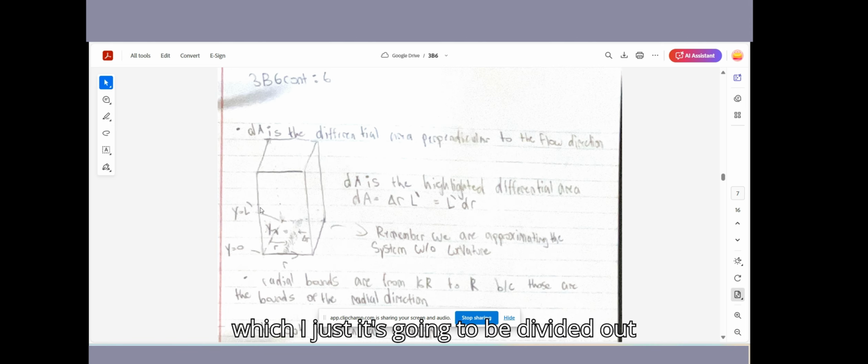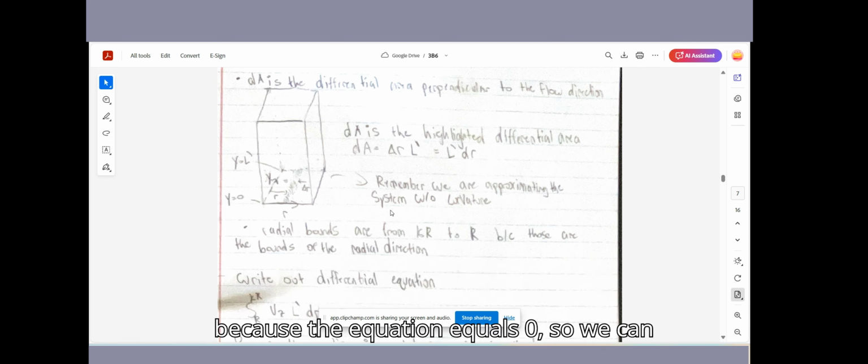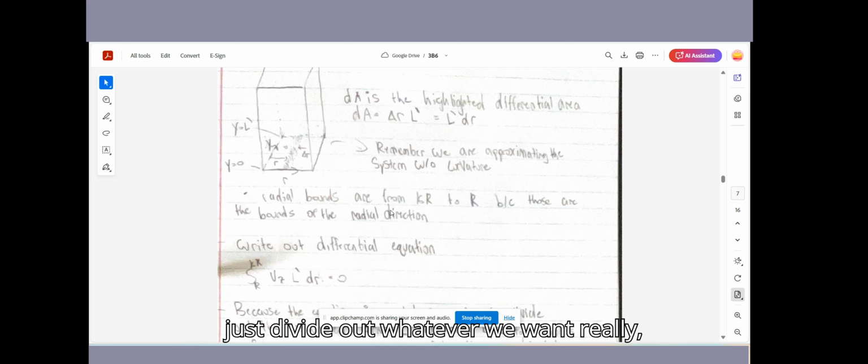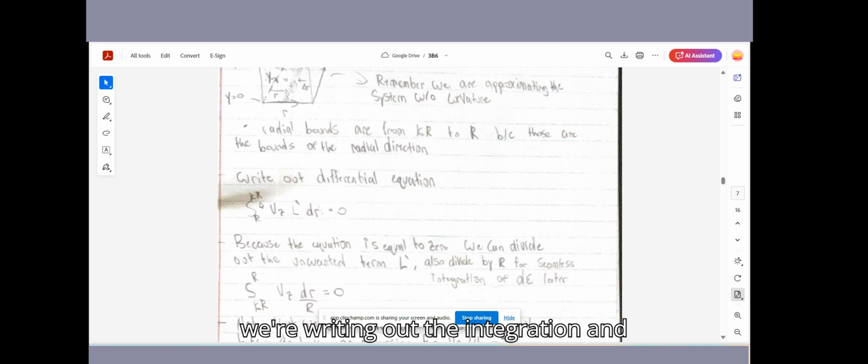It's going to be divided out anyway, so it doesn't really matter because the equation equals 0, so we can divide out whatever we want, as long as it's not a variable like epsilon or R that's going to be part of the actual integration. So we're writing out the integration, and again, looking at this in terms of the big V and the epsilon, so we need to change it.